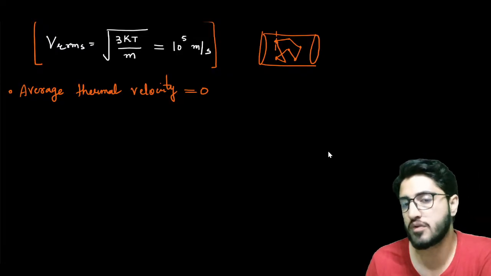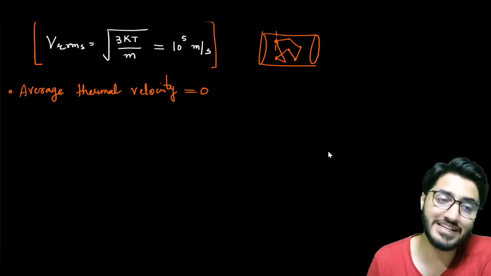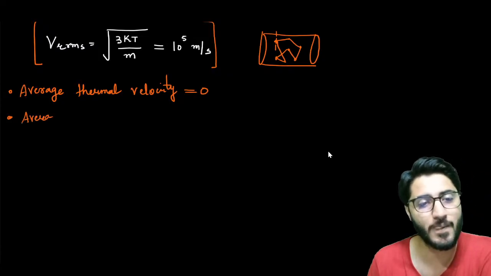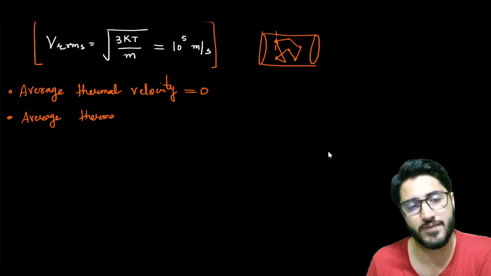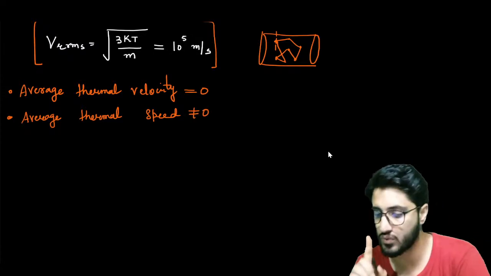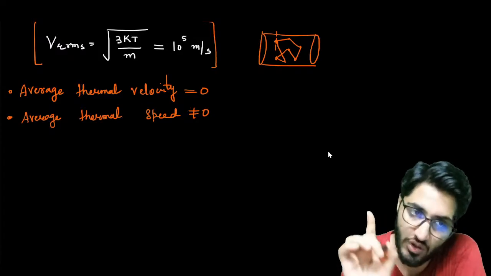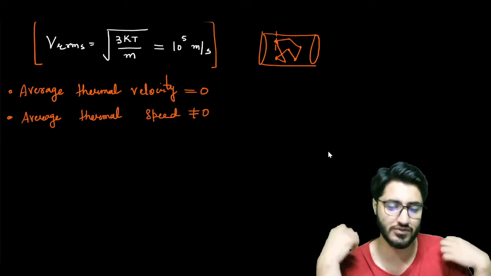So displacement would be 0. If displacement is 0, velocity is 0. But distance is not 0, so I will write average thermal speed. Average thermal speed is not equal to 0. These are two different things that you need to remember. Average thermal velocity is 0, but average thermal speed is not equal to 0.